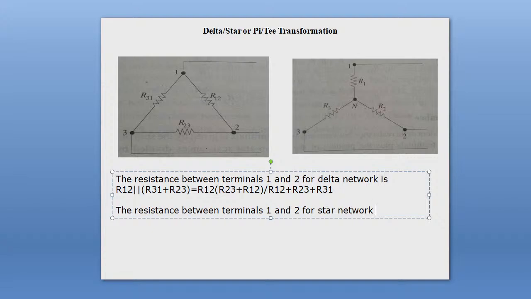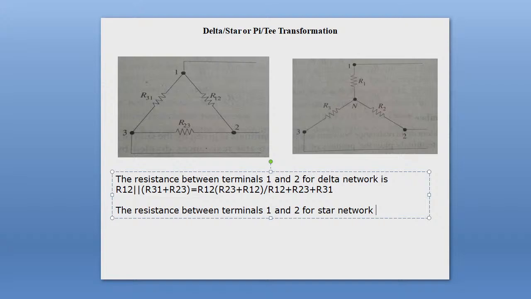Everyone, please keep in mind that delta network is also known as pi network and star network is also known as T network. In any competitive exam or your degree course exam, this network name can be changed. Maybe in the exam it comes like that, you convert the pi network into a T network or T network into a pi network. Sometimes it is also called Y network.